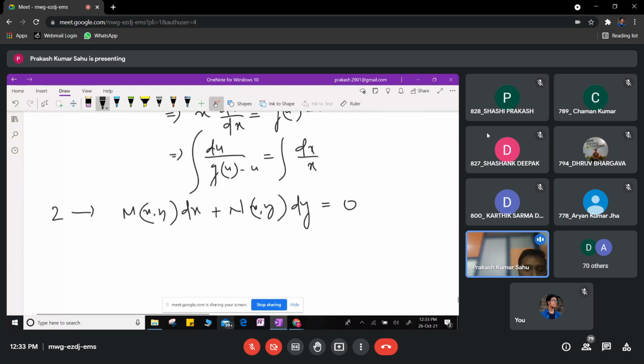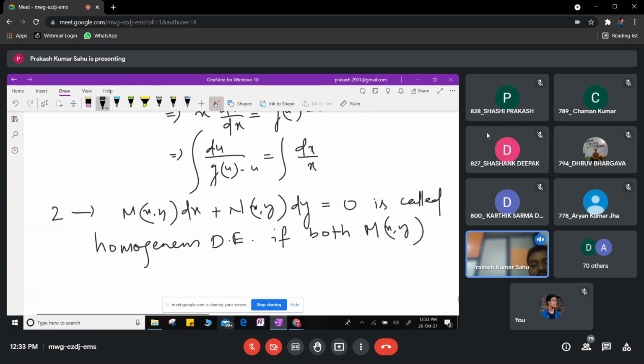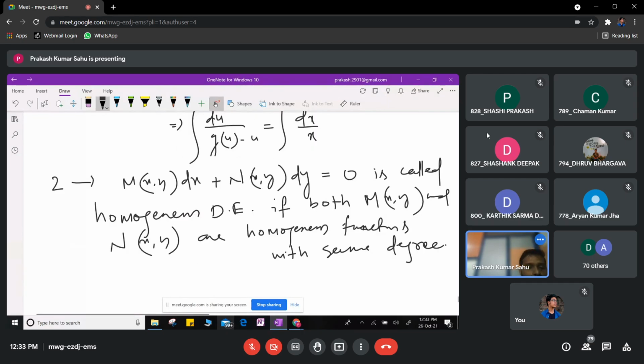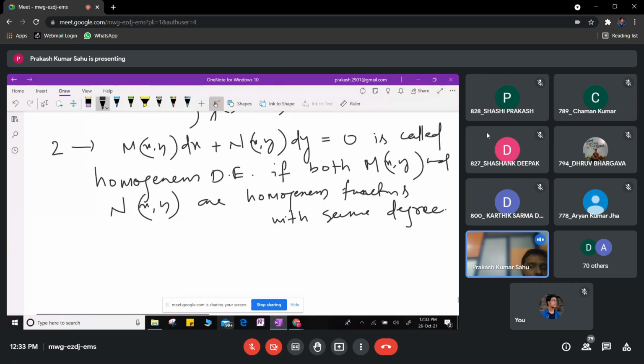This is also a first order differential equation and it is called a homogeneous differential equation if both M and N are homogeneous functions with the same degree.